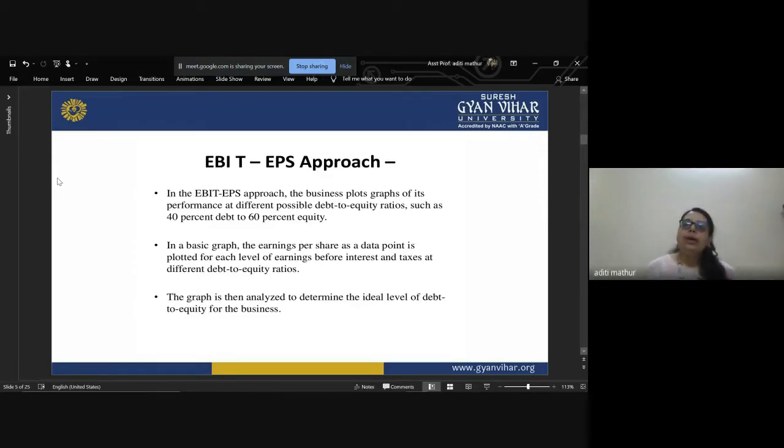Step one is to identify the different debt to equity ratios. Step two is to calculate the EPS corresponding to each ratio mix. The third is to identify the ideal level, the optimum mix of debt to equity, at which you gain maximum EPS.